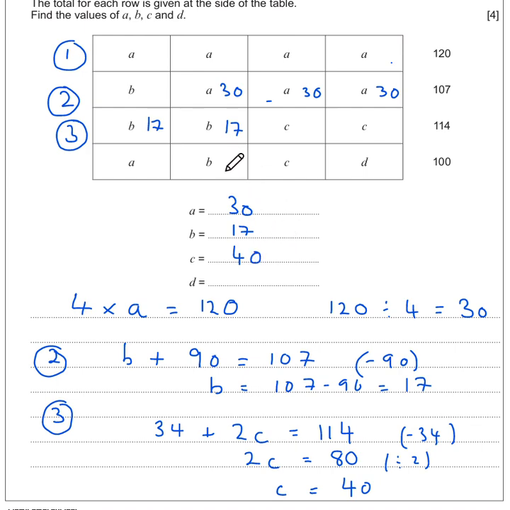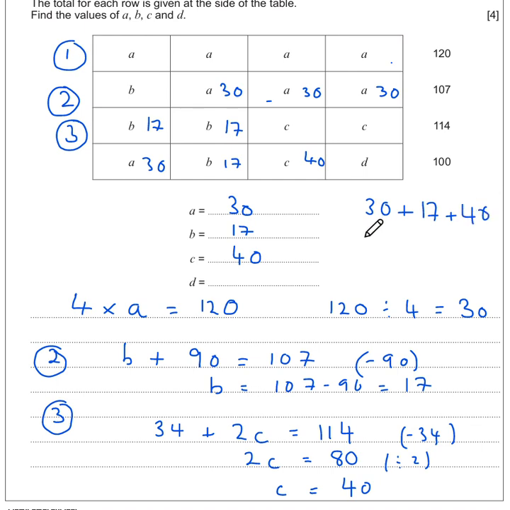So on to the last step. So we know already that A is 30, don't we? B is 17, C is 40. And then we've got A plus B plus C plus D is equal to 100. So let's work out 30 plus 17 plus 40.